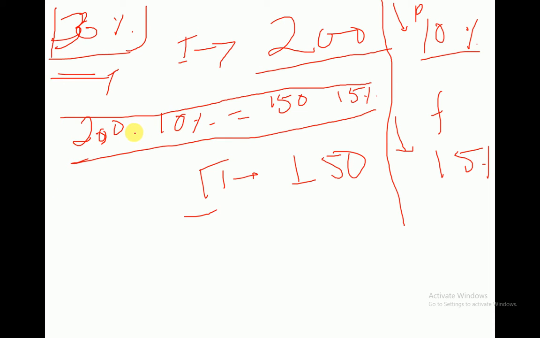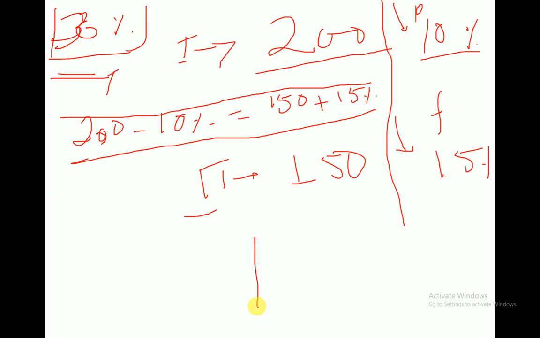So to know the passing marks, it should be 200 minus 10%, because he crossed the passing marks by 10%. In order to get the passing marks, we have to decrease 10%. Similarly, this student got 15% less than the passing marks, so to get the passing marks, we have to increase by 15%.